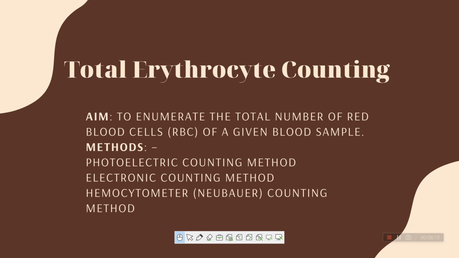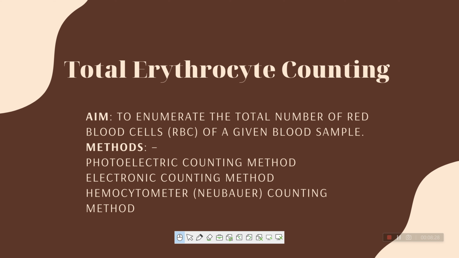Alright, so total erythrocyte count can be performed in the laboratory by three methods. The first one is the photoelectric counting method, the second one is the electronic counting method, and the third one is the hemocytometer counting method. The first two methods are performed by the autoanalyzers present in the laboratory.